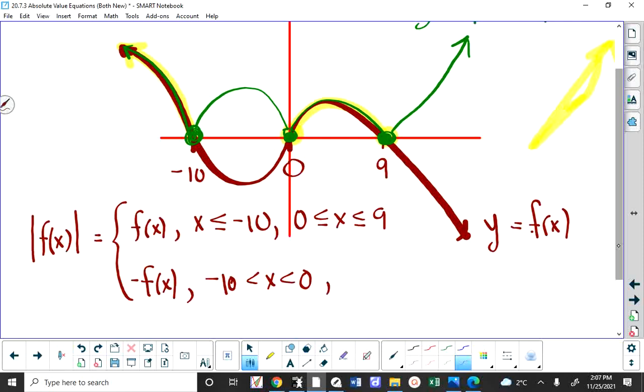And it's below the x-axis, the original one, from 9 to infinity, which we can write as x is greater than 9. So that's what we added on yesterday. Your job sometimes is to find out where those x-intercepts are and to take the part that's in between the x-intercepts that's below and flip it up and write it.